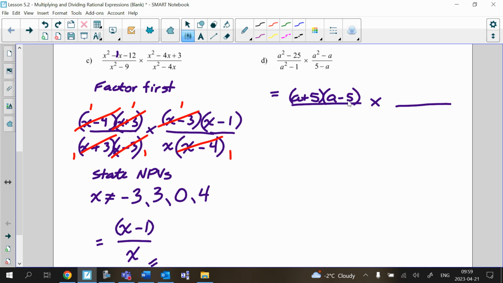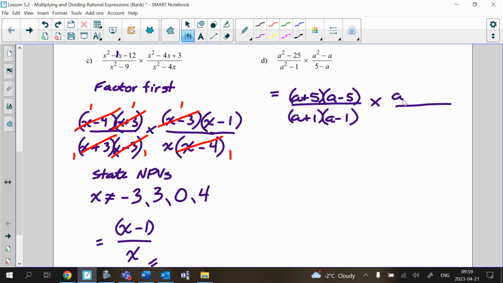Second numerator, GCF, all we can do is take out an a and we're left with a minus 1. And the second denominator, well, we can't factor. There's no factoring we can do to it.